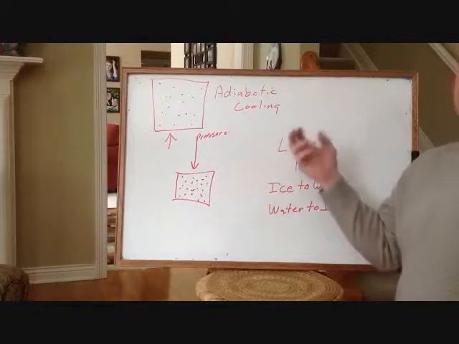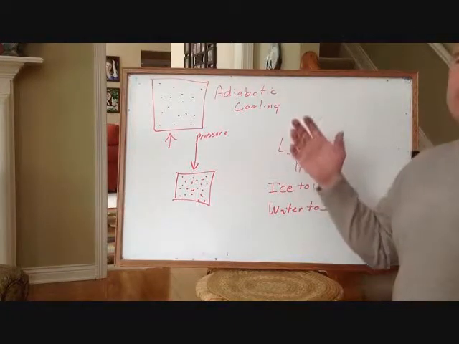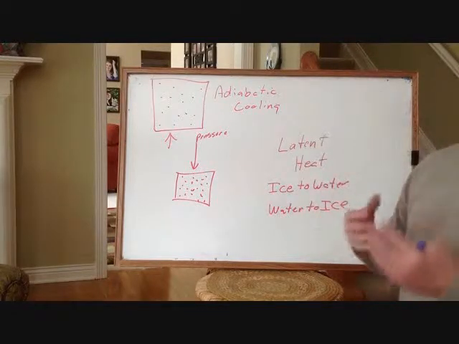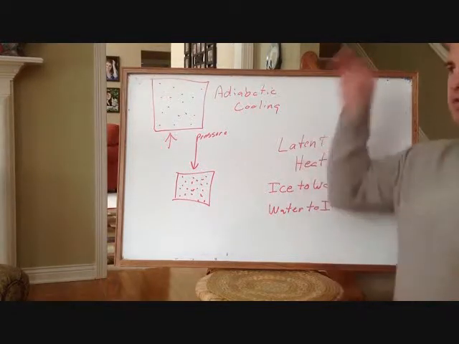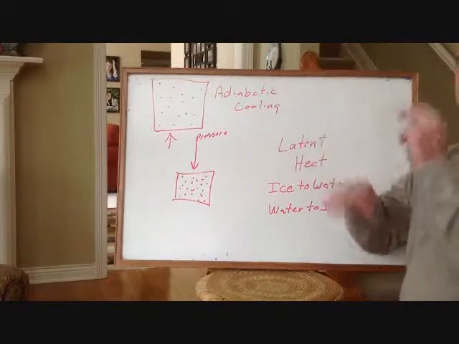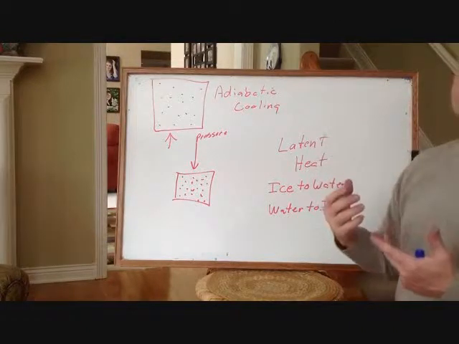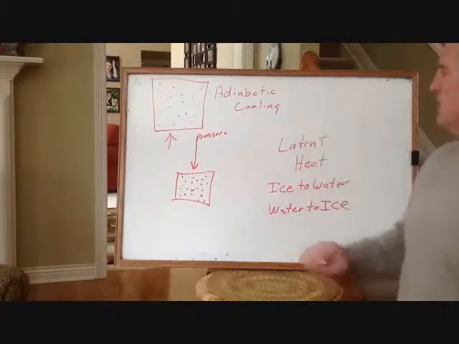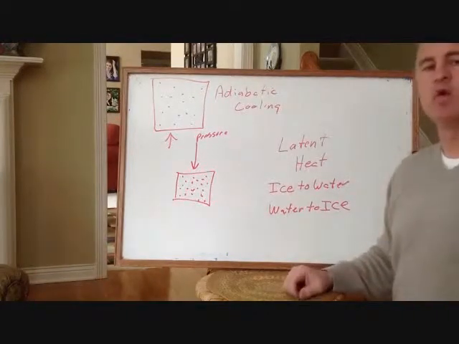Again, it's going through a phase change and it releases more heat, and now you have heat above cool. And that's really what instability is, when air above is warmer than air below. That's not normal, and that's when they talk about instability, a little bit of inversion. So that's what latent heat is, and that's what adiabatic heating and cooling is.